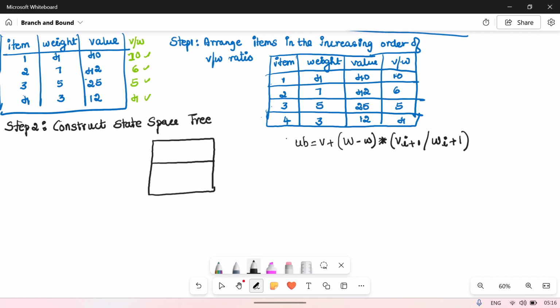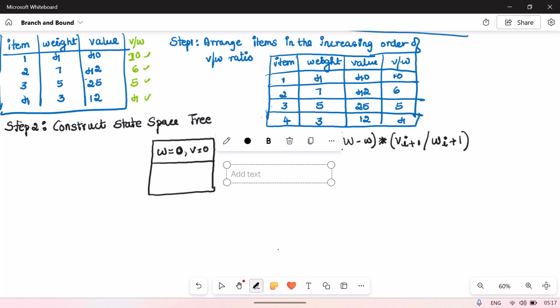This is the formula. Now, see, if it is initial state, there are 4 items. First item, that means first, second, third, and fourth. Initial item means it is not coming under any of them. So, W equal to 0 and V is equal to 0.